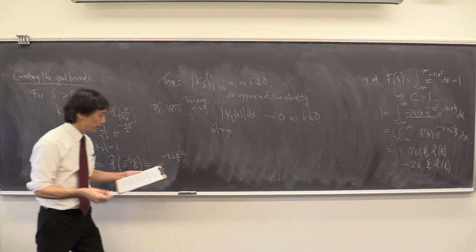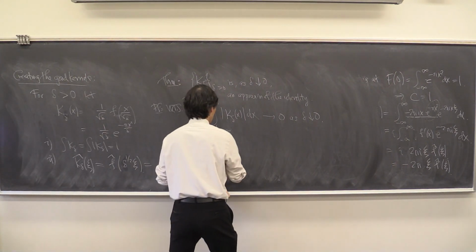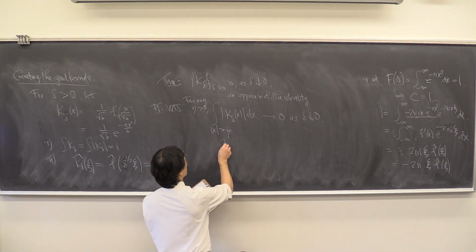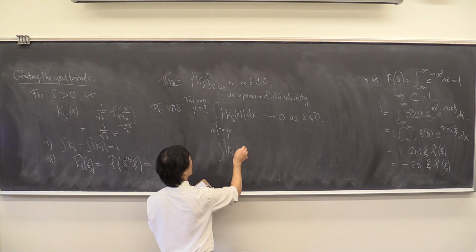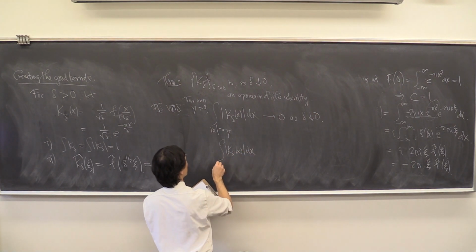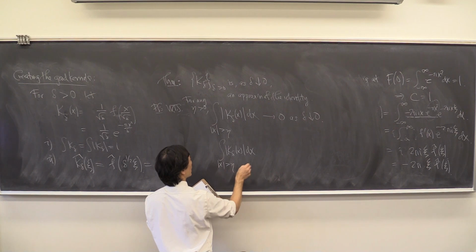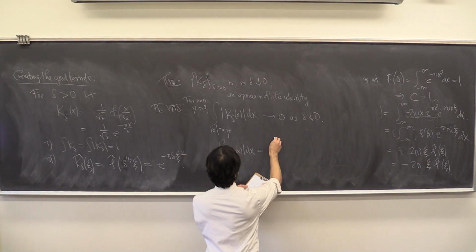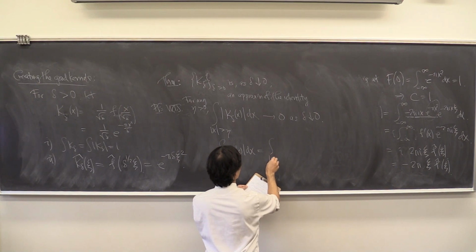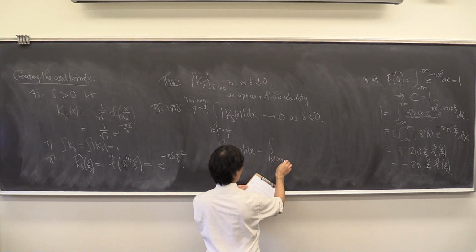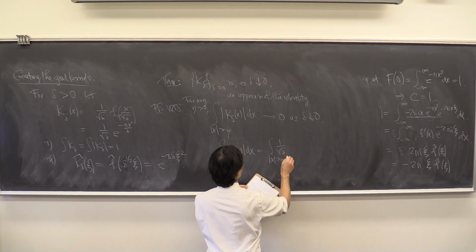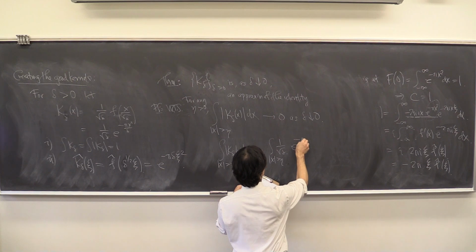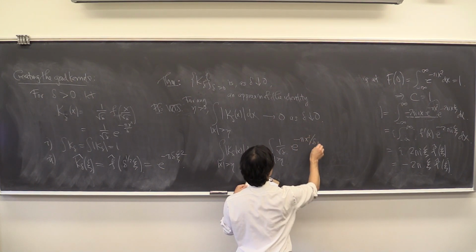Okay, but this turns out to be pretty straightforward. By definition, this is just the integral of 1 over delta times e to the negative pi x squared over delta dx.